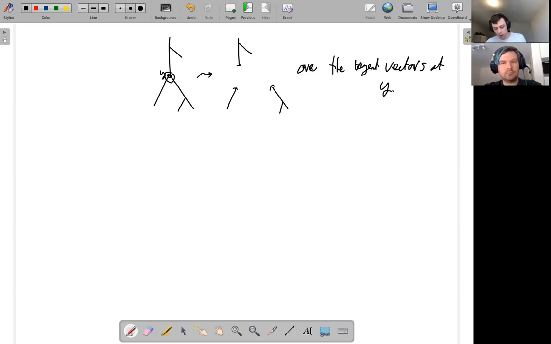Okay, and then if you have one of these tangent components, so for example, if you choose this one, and so here is the point y.